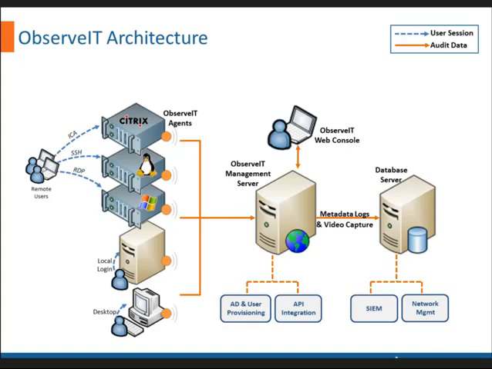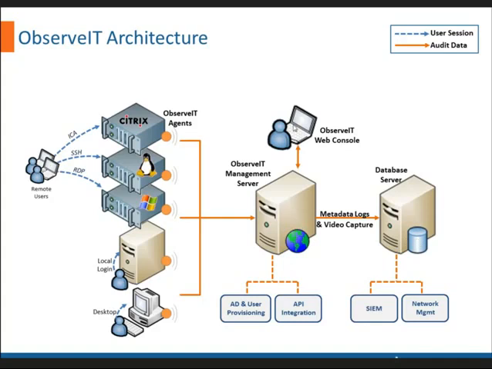That software agent is deployed on that server. That agent comes to life, wakes up whenever a user is active in a session, and it collects the information, the video replay and the textual audit logs, and delivers it to the Observit management server. The management server processes that data centrally and stores that data in a database server.